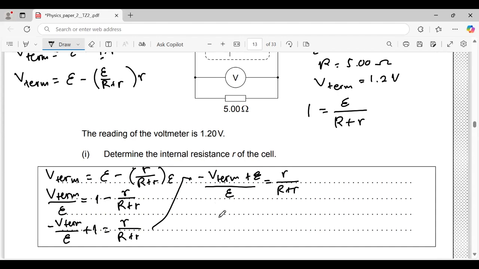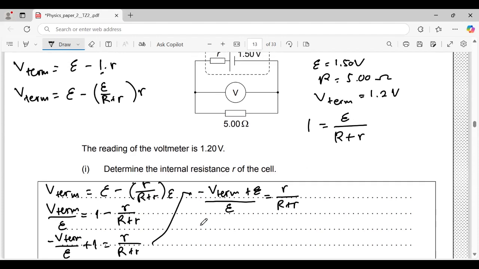After that, substitute these numbers into this equation. It becomes minus 1.2 plus 1.5 over epsilon, which is 1.5, equals r over 5 plus r.